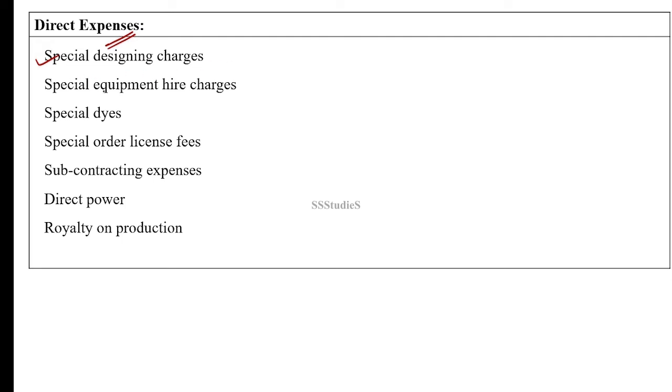As the special designing charges or special equipment that is hired specifically for manufacturing this particular product, special dies, special order license fees, if any, subcontracting expenses, direct power, and royalty on production. So all these expenses are treated as direct expenses while calculating cost sheet.